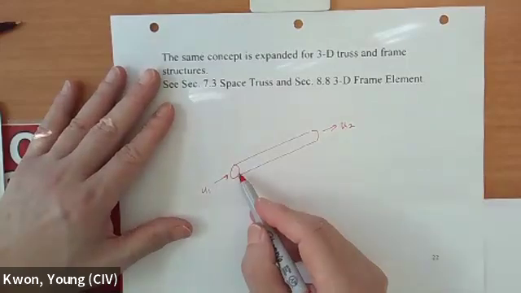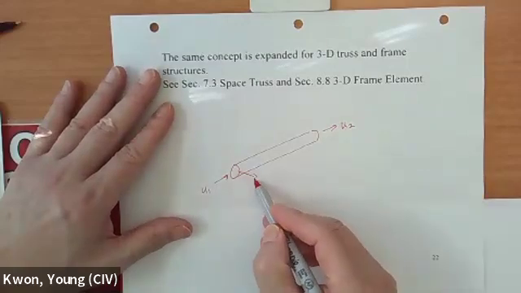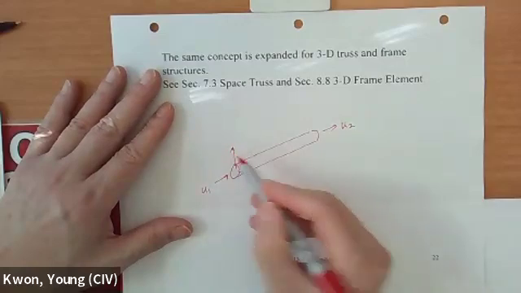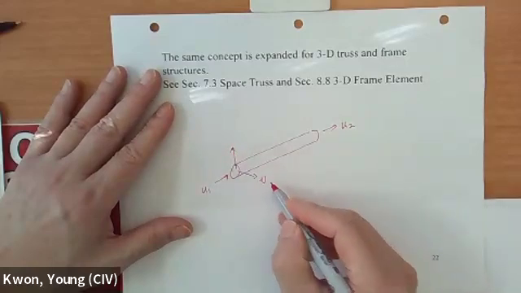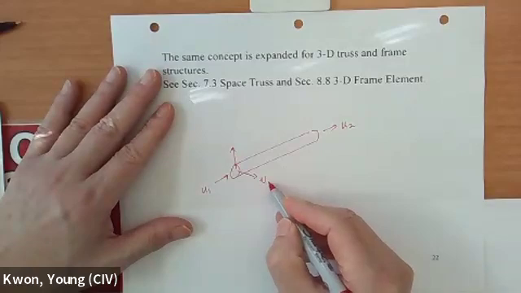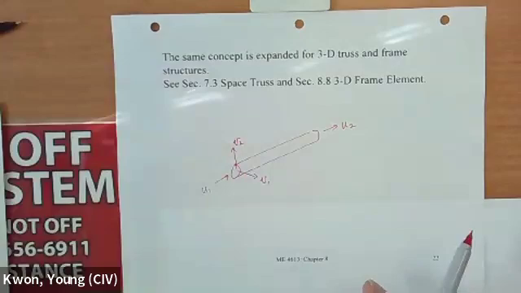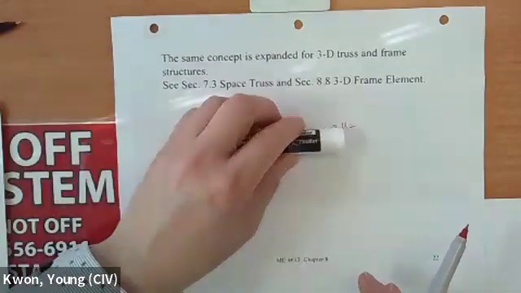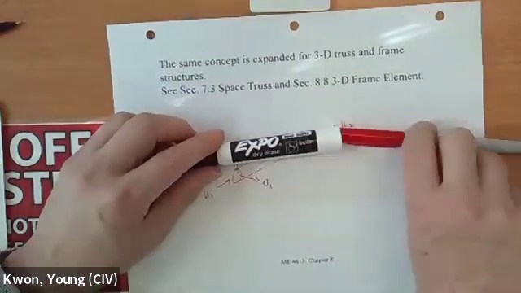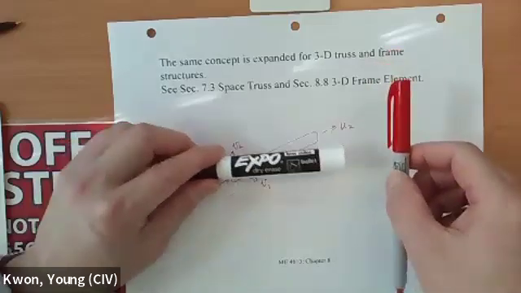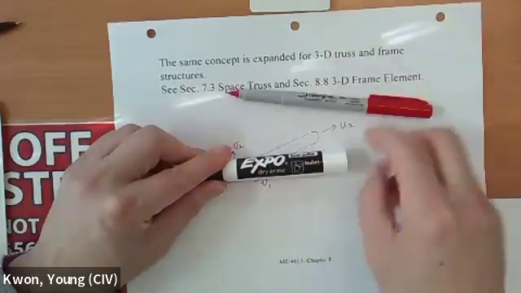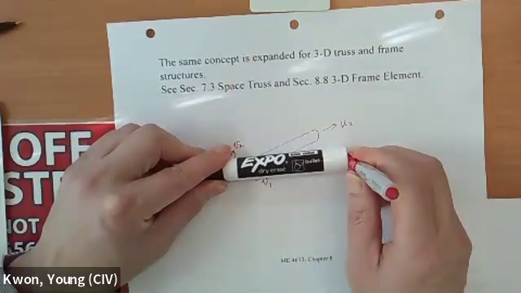But now in the transverse direction, you have two components, V1 and V2. So in other words, if this is the member, U is going to be this, V1 is going to be this, and V2 is going to be there.